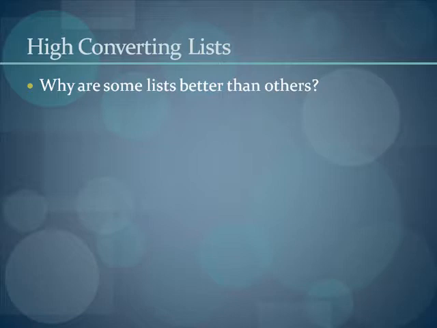A conversion rate is whenever you have a desired action that you would like to occur, and then a certain percentage of people are going to perform that desired action. As an example, let's say that you sent out an email and you told somebody about a product that you were promoting. The desired action would be for them to click on the link that is in the email.